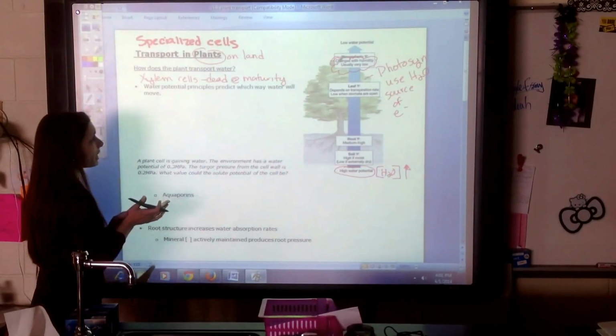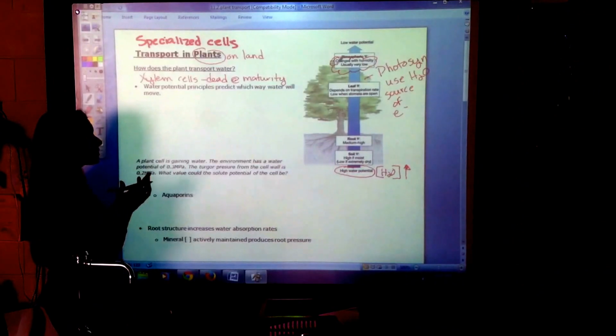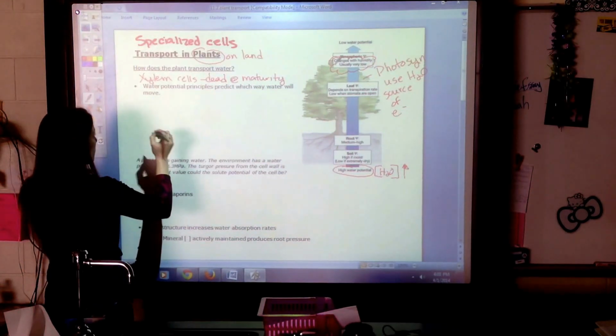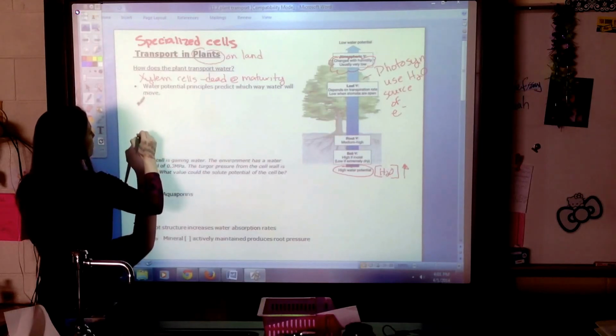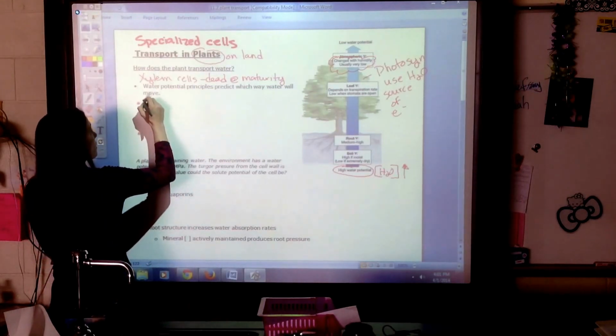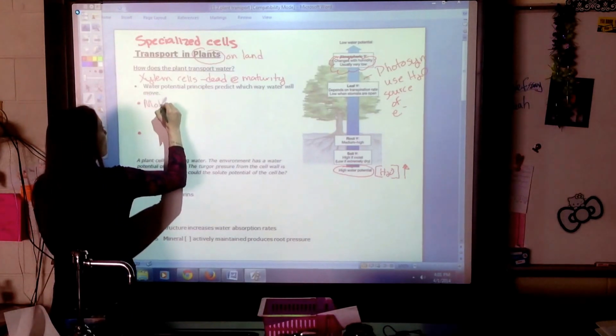We do want to go back and remember the principles of water potential. Really, we want to divide this into two little sections. We want to remember the molecular behavior of water.